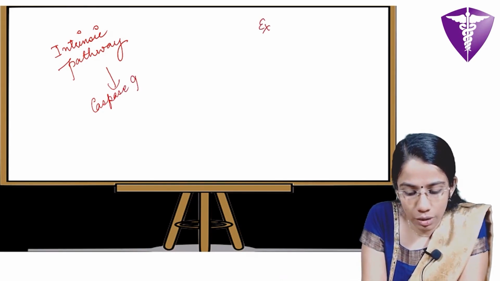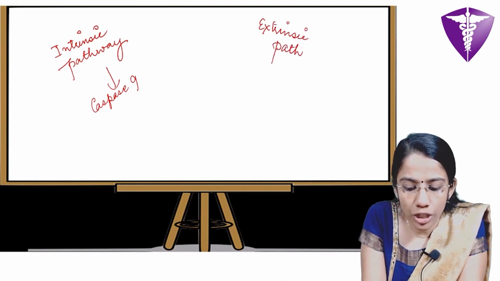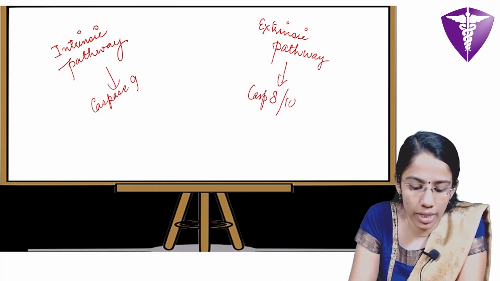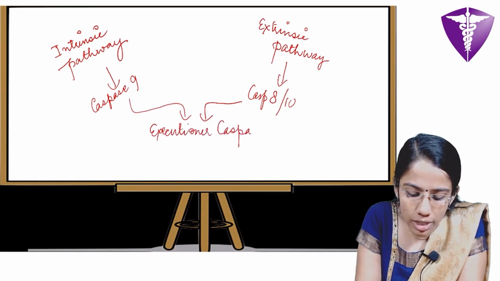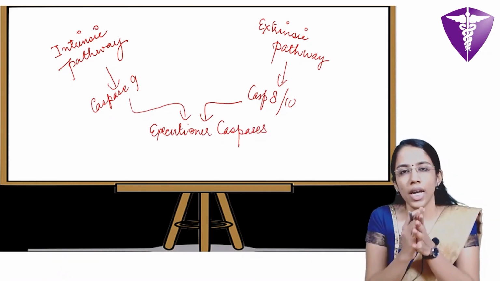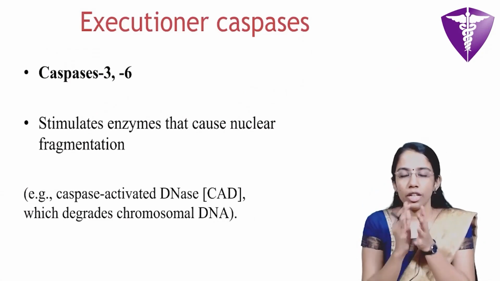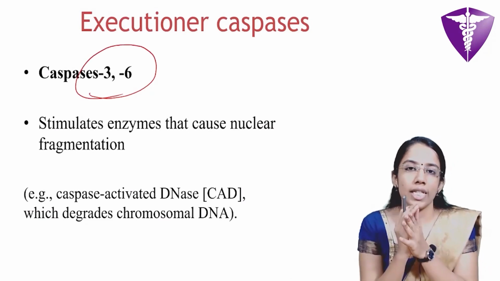Then there is the extrinsic pathway, which leads to activation of caspase 8 or caspase 10 in humans, and this eventually leads to activation of the executioner caspases, which eventually results in successful apoptosis. So which are the executioner caspases? This is caspase 3 and caspase 6.